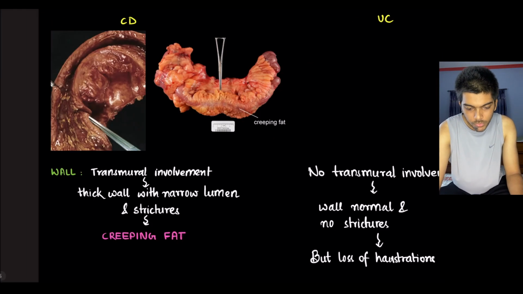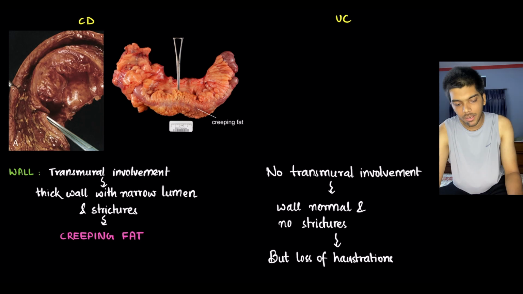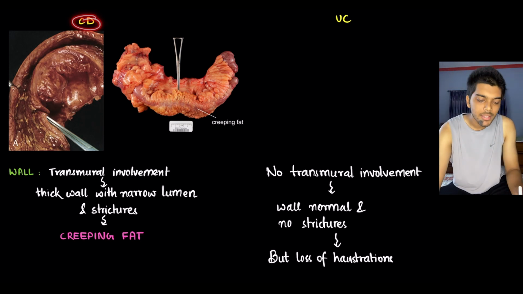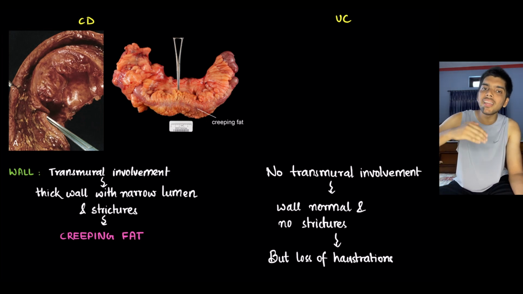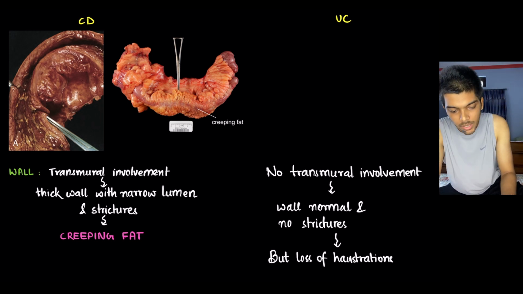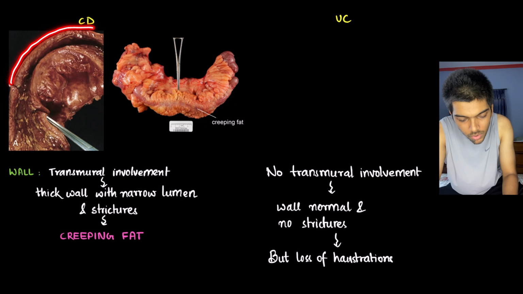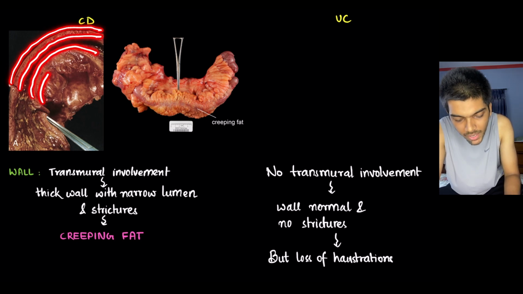Okay. Next, the wall of the intestine. In Crohn's disease, there is transmural involvement. That means the complete thickness of the wall of the intestine is involved. Involved how? There is inflammation through the complete thickness of the wall. As a result, there is repair and fibrosis through the complete thickness of the wall. See, this is the wall of the intestine with Crohn's disease. The complete thickness of the wall goes through fibrosis.